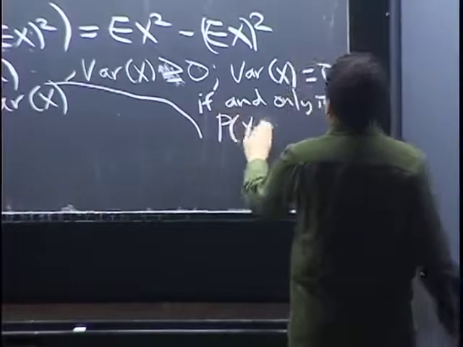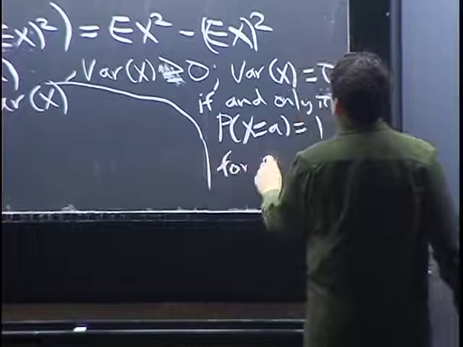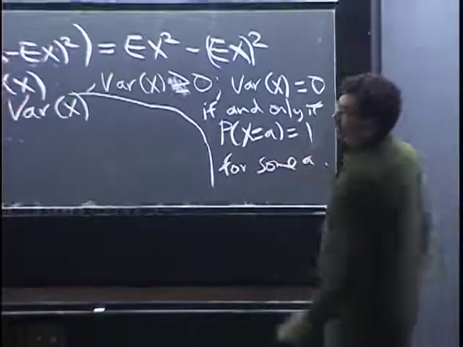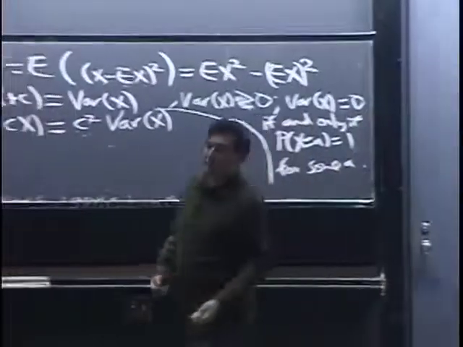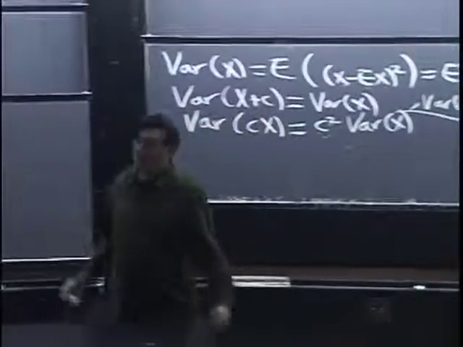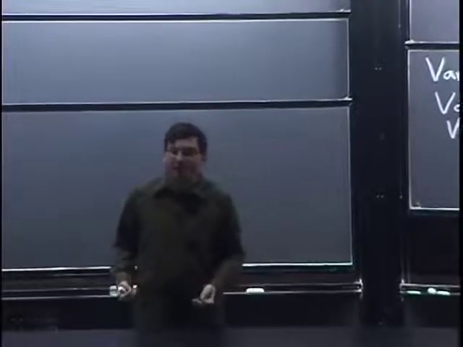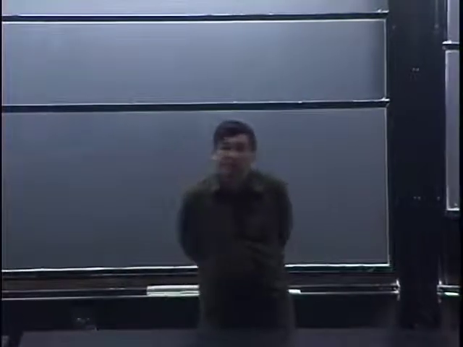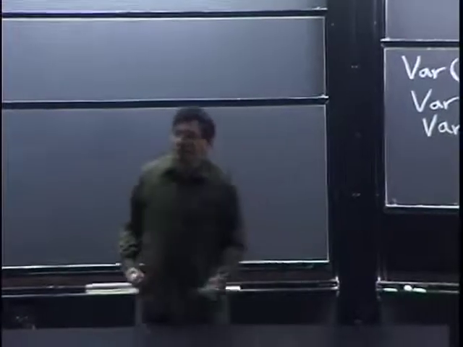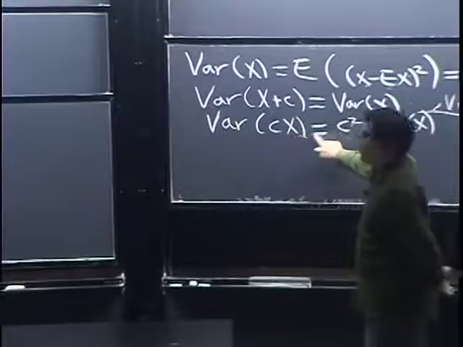P of X equals a equals 1 for some a. That is, with probability 0, something bad could happen, but with probability 1, it always equals this constant a. So that would have variance 0, because the stuff with probability 0 doesn't affect anything. So essentially, it's a constant. If it's not a constant, the variance will be strictly positive. Okay. So that's the variance of a constant times X.